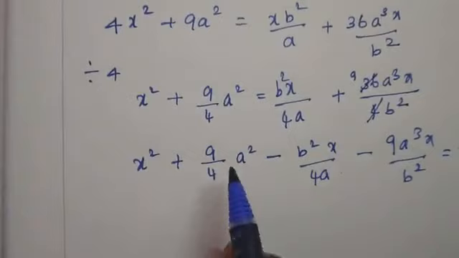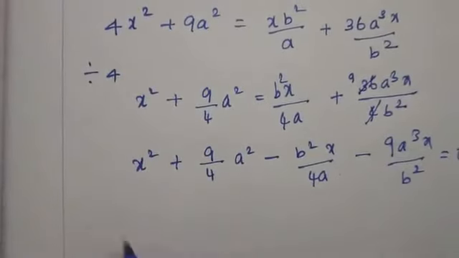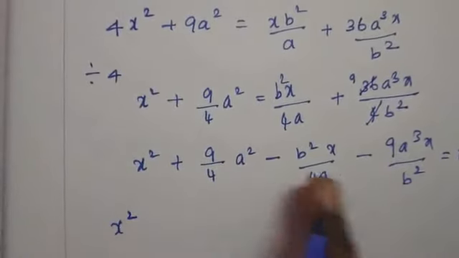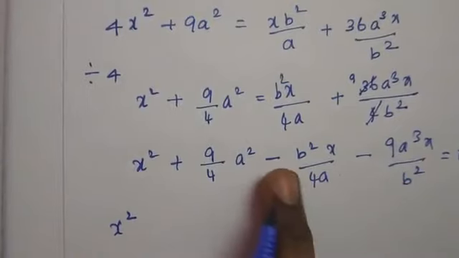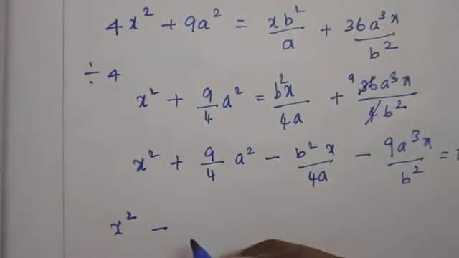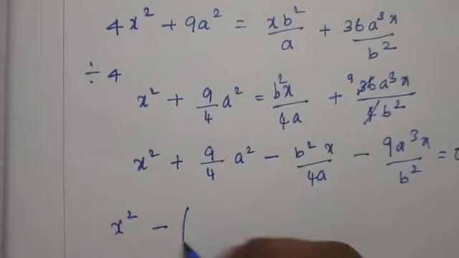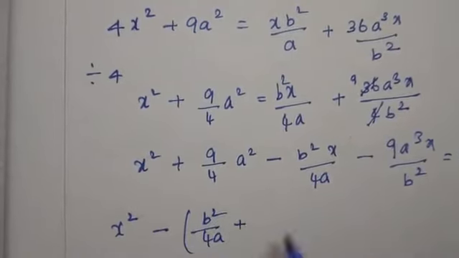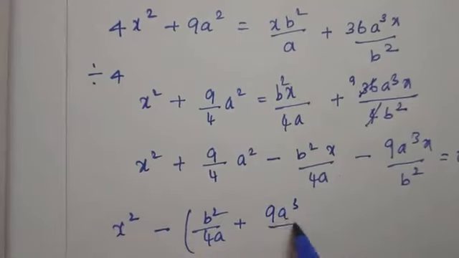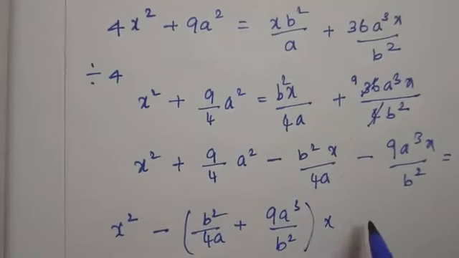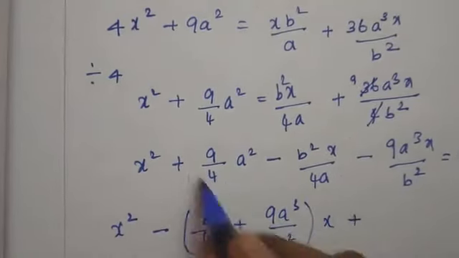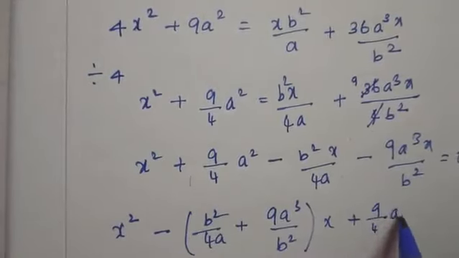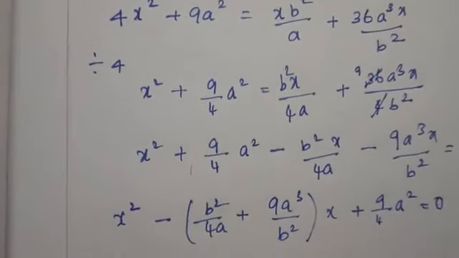I will arrange this as x square, x and then constant. Then it is x square. These two terms are x terms. Take one minus outside. Then it is b square by 4a plus 9a cube by b square into x plus constant term 9 by 4 a square equal to 0.